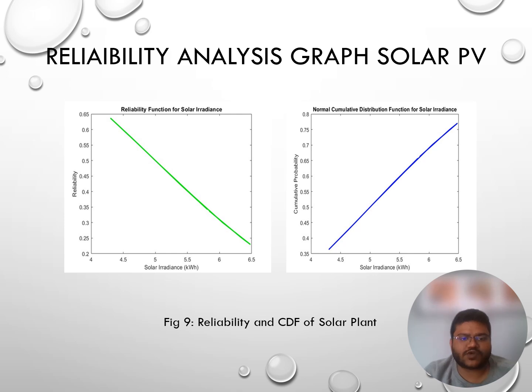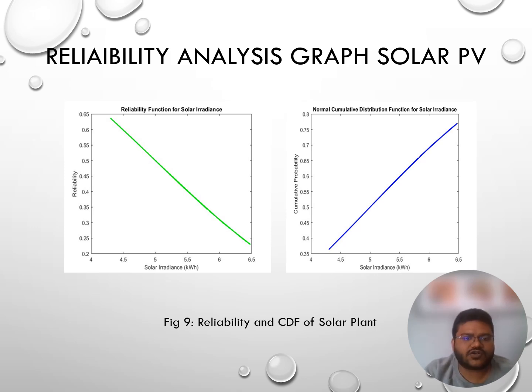This is one important thing to be noted: for the solar PV SunPower that we used, with irradiance of around 4500 we get 0.64 reliability, which we also found in the Simulink result, that with low irradiance the solar PV works efficiently.